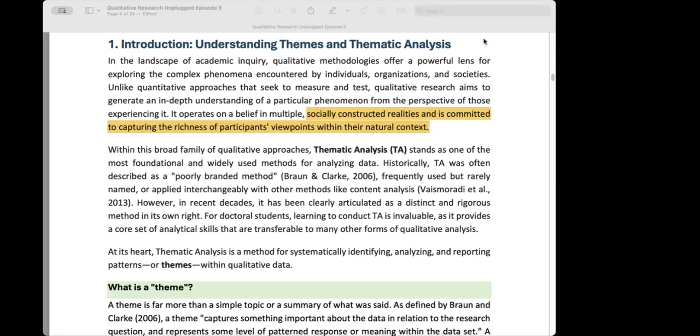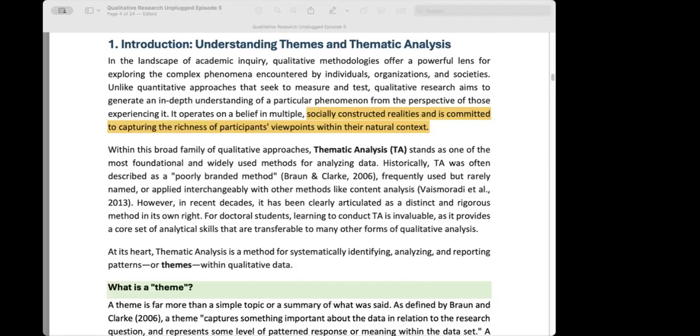Huh. Why poorly branded? Well, because it was frequently used extensively in research, but often without explicit recognition. Or sometimes it was confused with other approaches like content analysis. You have many researchers who were doing TA, but without truly knowing they were doing it by name, or perhaps without following its rigorous principles systematically. Ah, okay, so it was happening implicitly.